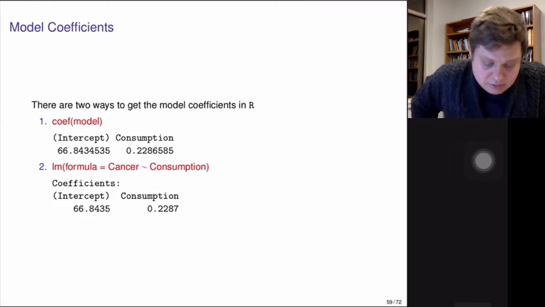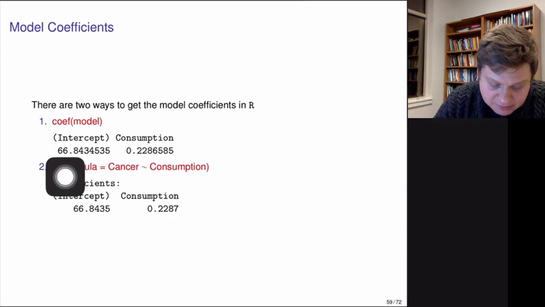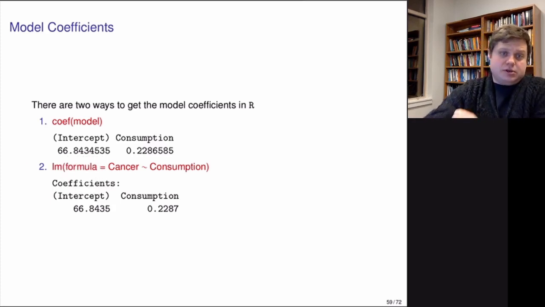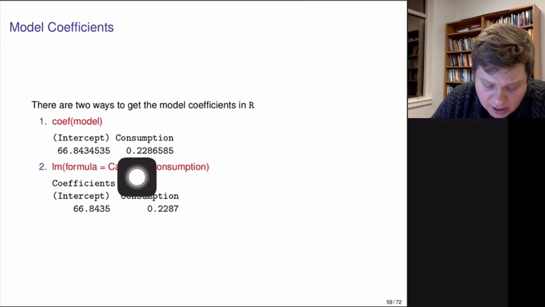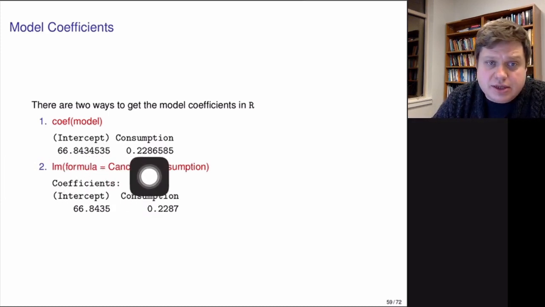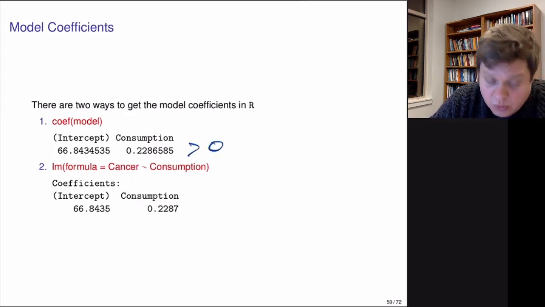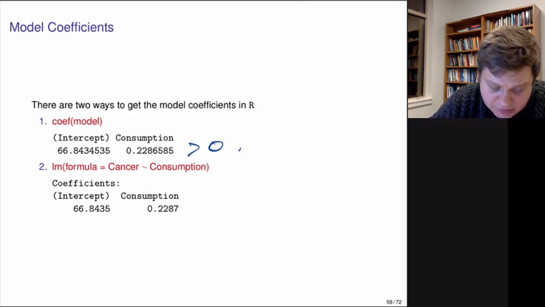Okay, and let's look at the model coefficients. So we have an intercept of 66.48, meaning that even if there is no cigarette consumption, you still will have some people dying of lung cancer. And the coefficient associated with the consumption is 0.22, which is positive, right? So it's greater than 0, which is something that we expect. So the larger the consumption of cigarettes, the greater the proportion of lung cancer deaths you should see in the observations.